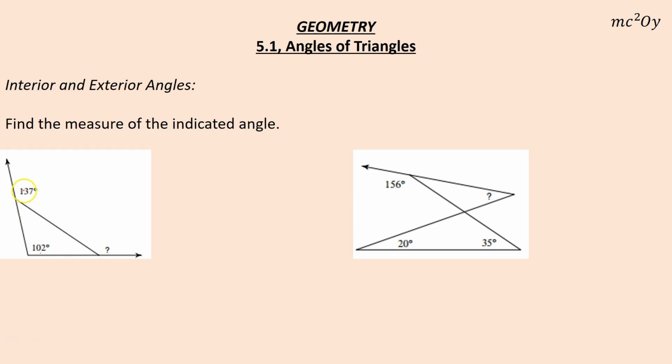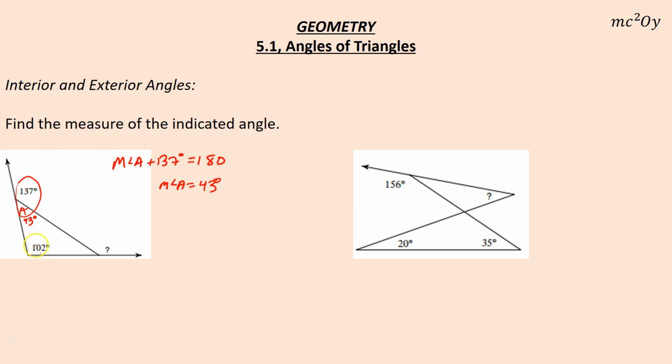So 137 plus whatever this is. I'm going to call it angle A. So I know that the measure of angle A plus 137 degrees has to be 180 because it makes a straight angle. Meaning the measure of angle A is 43 degrees. I just subtract 137 from both sides. Okay? So now I have a 43 degree angle here.